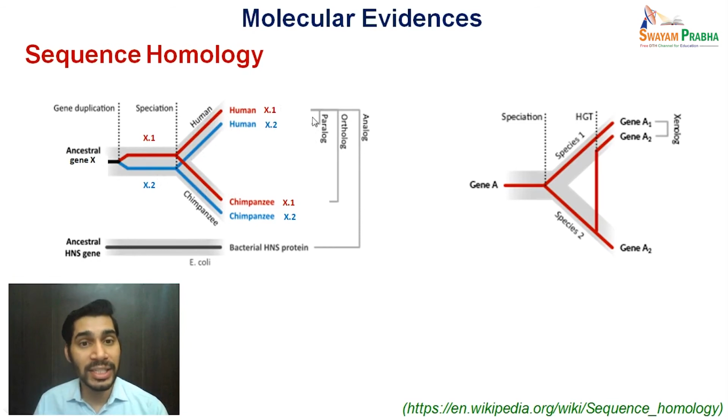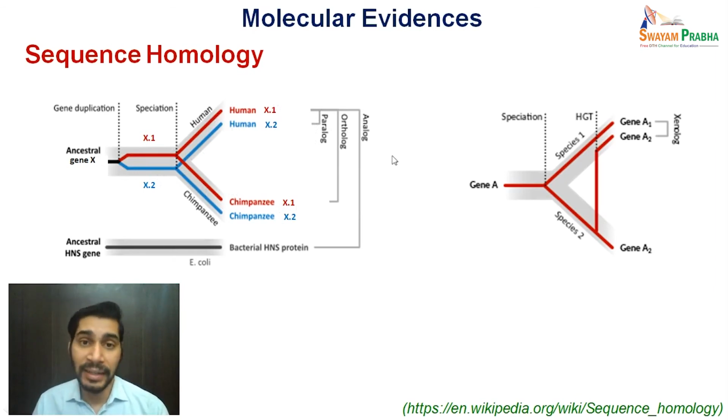Whereas the sequences arising because of speciation, let's say human X.1 compared with chimp X.1, are called orthologs. And when these are compared with the bacterial protein, a far distant protein, they are called analogous ones.